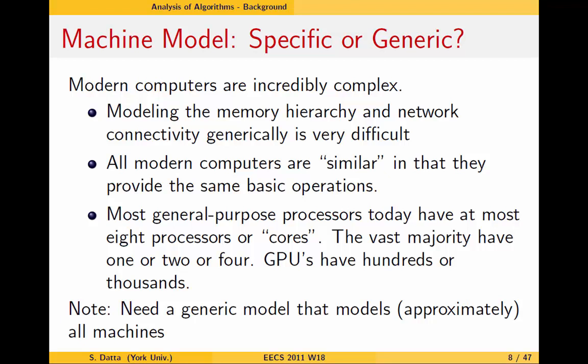But sometimes prediction algorithms fail, so the pipeline has to be flushed. So everything that was brought in, you discard and you start the process all over, and so you take a hit in the running time.